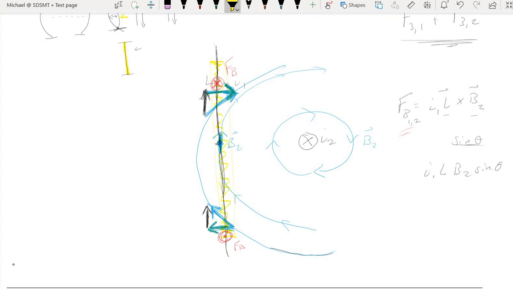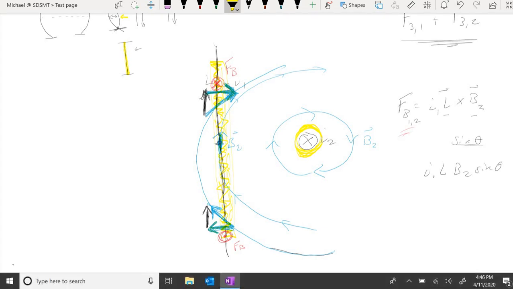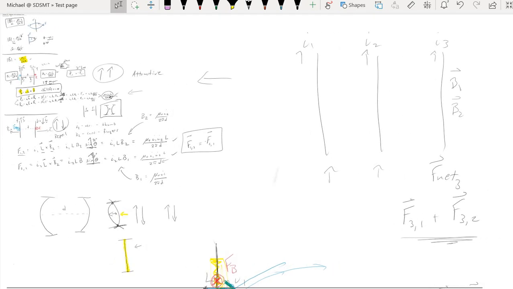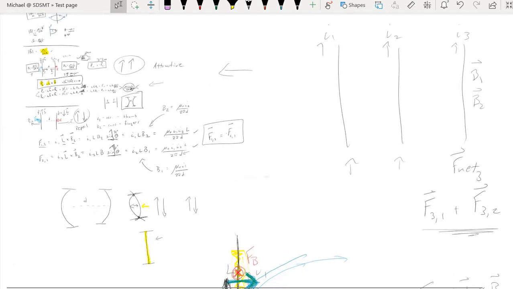So if we put a piece of plastic conduit around wire 1, then wire 1 can't be twisted by the effects from wire 2. And likewise, we'd probably want to put some kind of a conduit around wire 2, because whatever wire 2 does to wire 1 is going to do the same thing back to wire 2 with respect to Newton's third law.